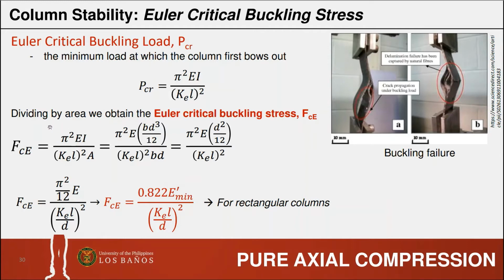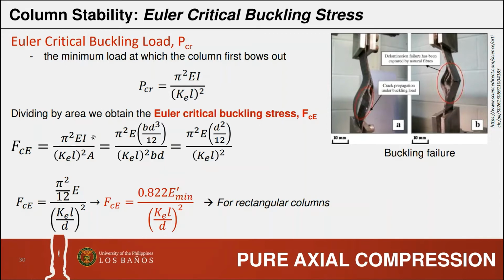So dividing this by the area, we will obtain the Euler critical buckling stress, F sub CE. So F sub CE is equal to the Euler critical buckling load P sub CR over A, and we will be considering rectangular columns.